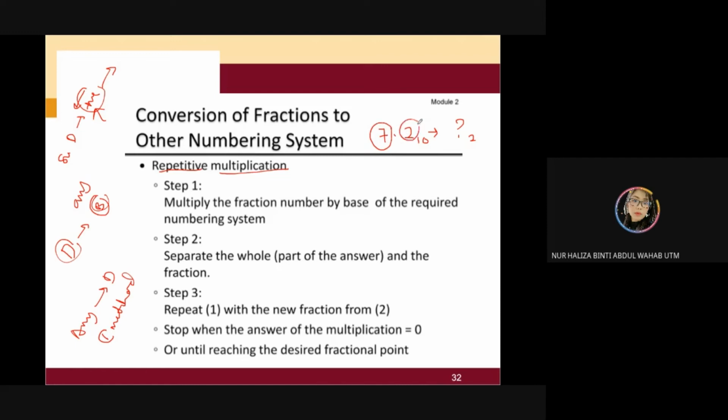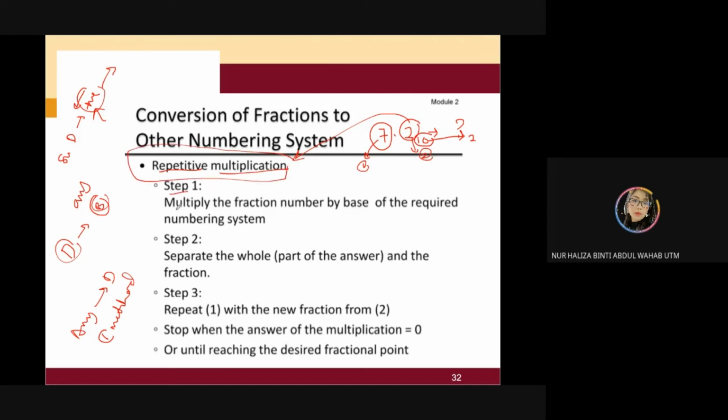And for this part, if you want to convert, you need to use repeated multiplication. So this is one step, and this is another step. So it's quite complex when you want to convert a fraction number to another base. So for repeated multiplication, please make sure you know what the function is.